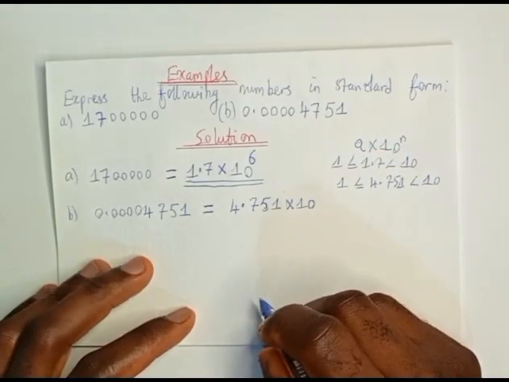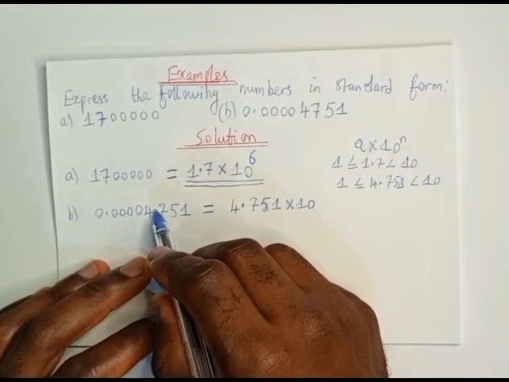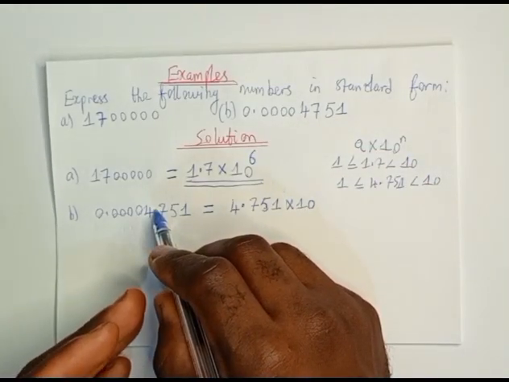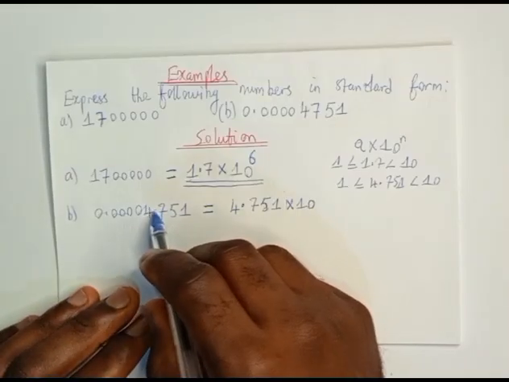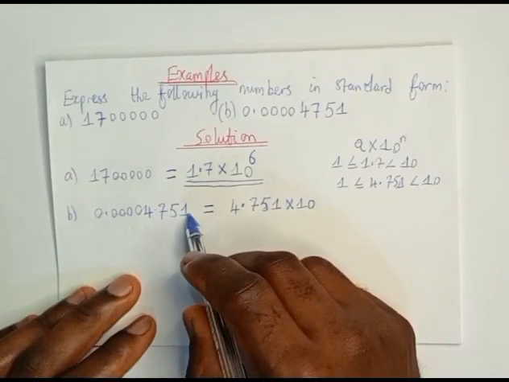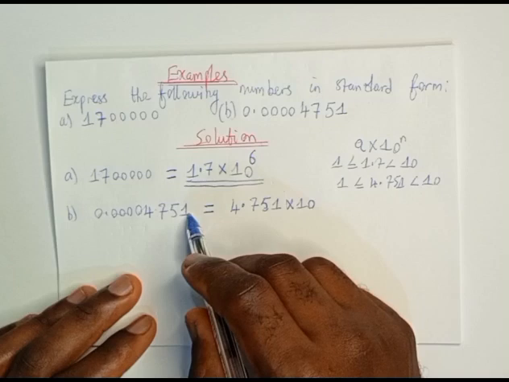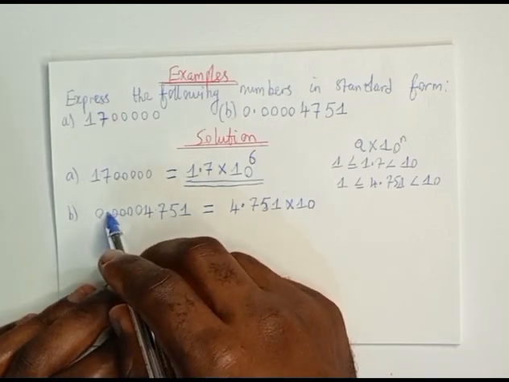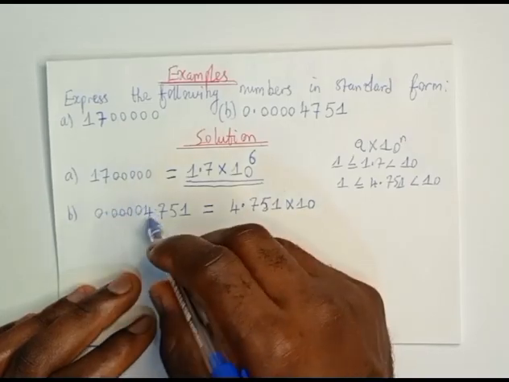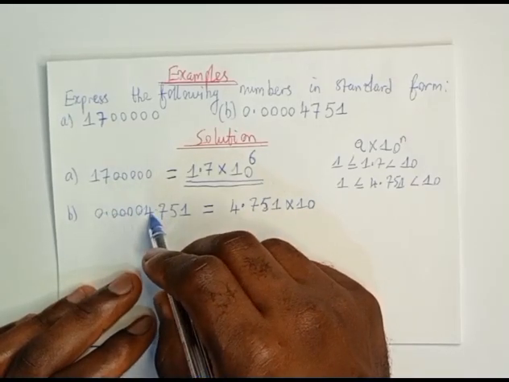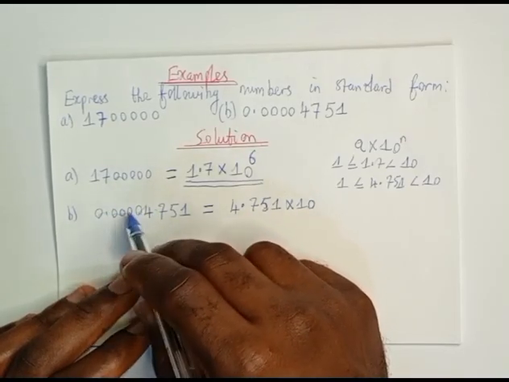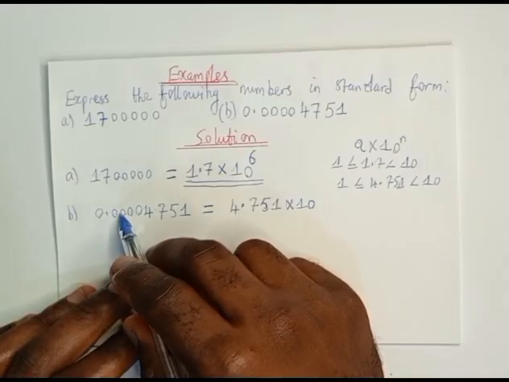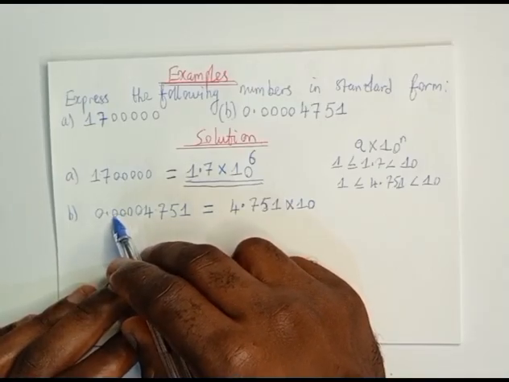Next, we have to get the power of 10. In this case, we will be counting the number of digits in this direction, to the left, where we have our fixed decimal point. We have 1, 2, 3, 4, 5. In this case, we are counting to the left.